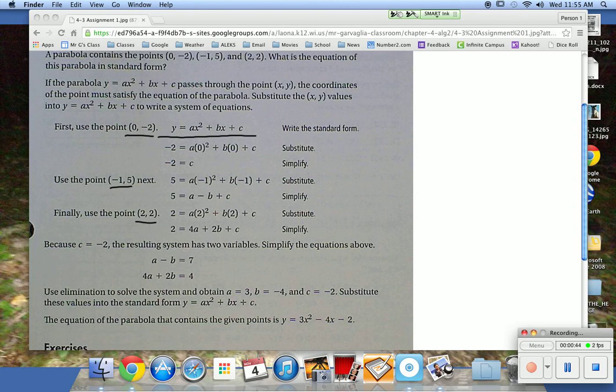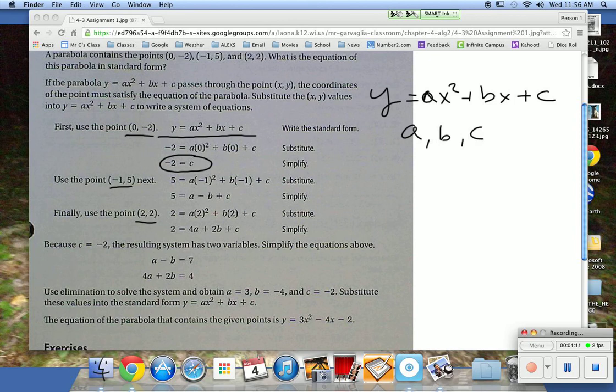So if I put 0 in for x, which they did here, and I put -2 in for y, I can figure out what my c is. If I'm going to write something out in the standard form, y equals a times x squared plus b times x plus c, we need to know what a, b, and c are. And that's what they're doing.